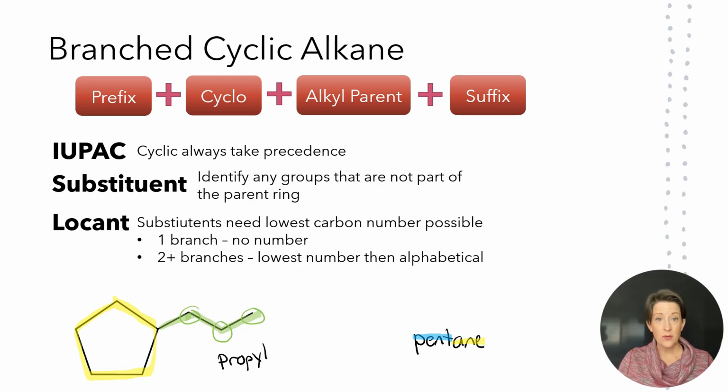If there is only one substituent on a cyclic or a ring structure, you don't need to use a locant number because it's always going to be carbon number 1, because we can count wherever we want to start since it's cyclic. You can put a 1 if you want to, if you need that locant value to keep the process moving forward, like to keep it within your brain of how to do those. It's just not required.